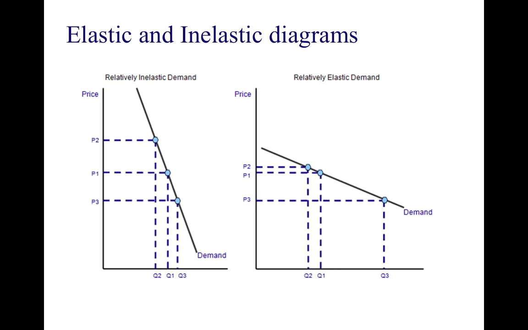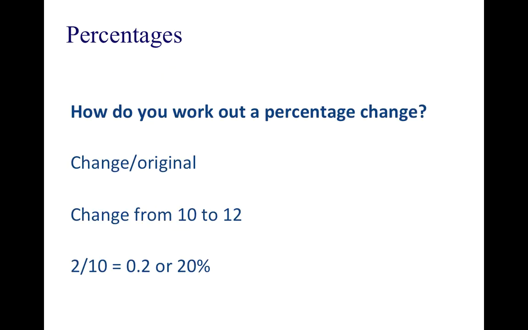It's only quite small there, but you can see if we drop the price a little bit more, from P1 to P3, you can definitely see there's a larger increase in the quantity demanded than the fall in the price.